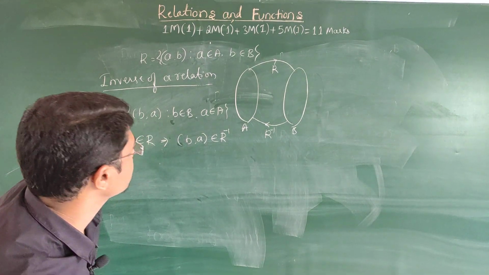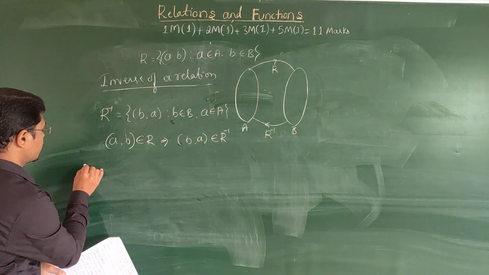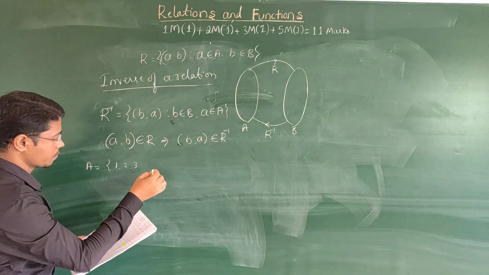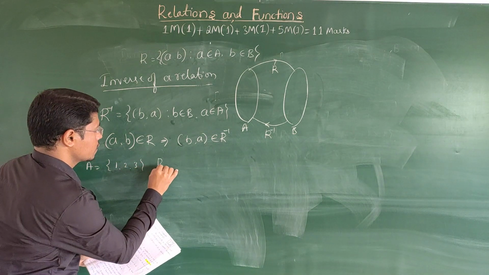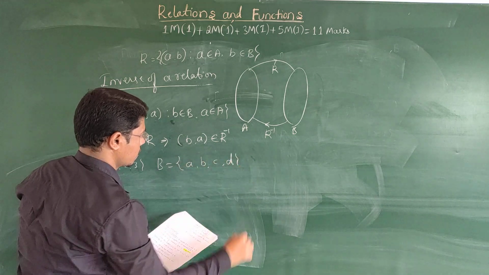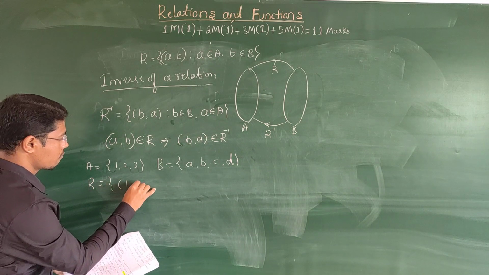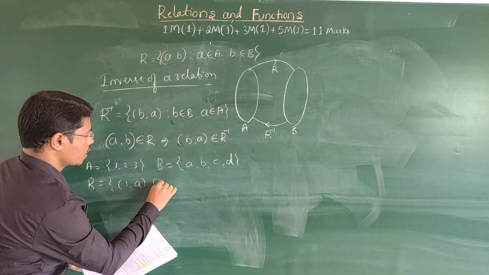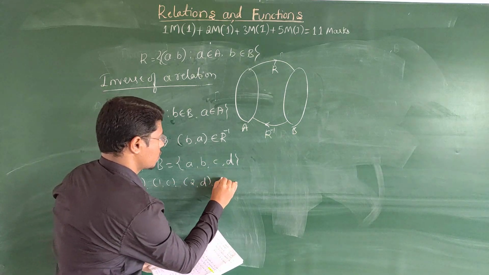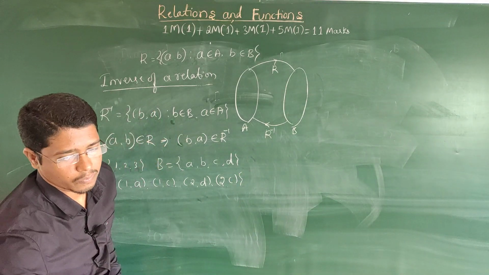Okay, let us take an example. Let A be equal to {1, 2, 3} and B be equal to {a, b, c, d}. Let R be equal to {(1, a), (1, c), (2, d), (2, c)} be a relation.